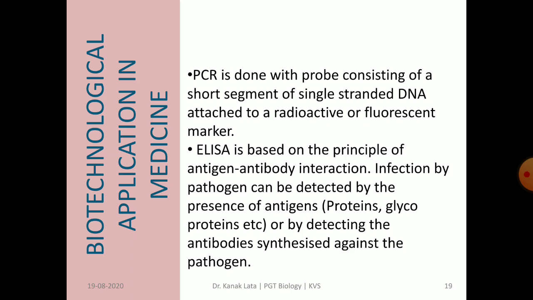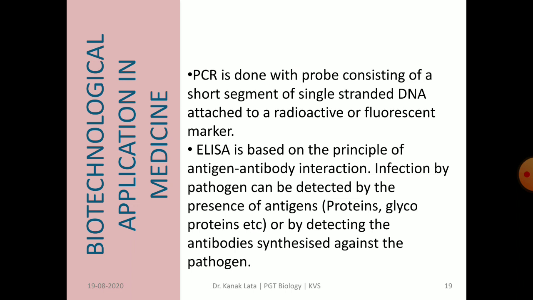In PCR, that is polymerase chain reaction, a single stranded DNA or RNA tagged with radioactive molecule or fluorescent marker acts as a probe. It is then allowed to hybridize to its complementary DNA in a clone of cells, followed by detection using autoradiography.